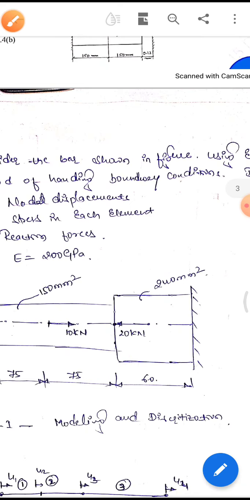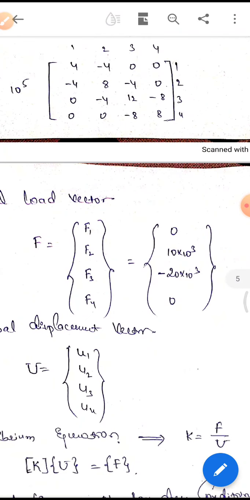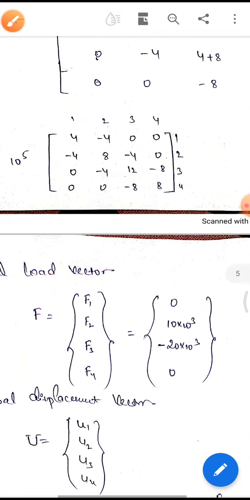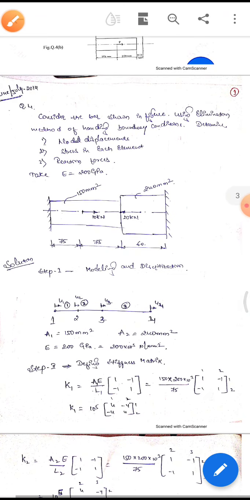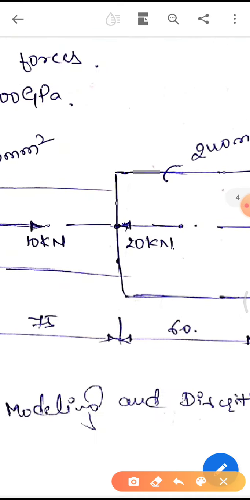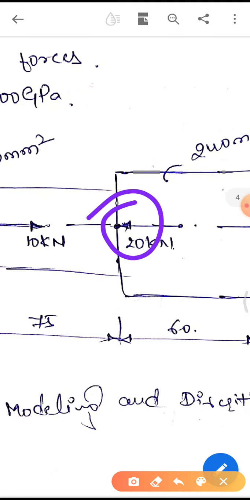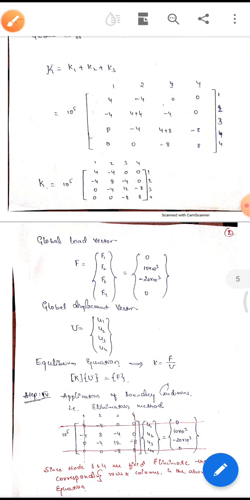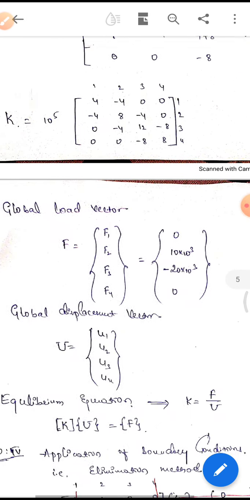You can see it here: F1 is 0, F2 is 10 kilonewton, 10 into 10 raised to 3, F3 is minus 20 into 10 raised to 3, because the force is acting in the negative x direction. That's what we have written here.